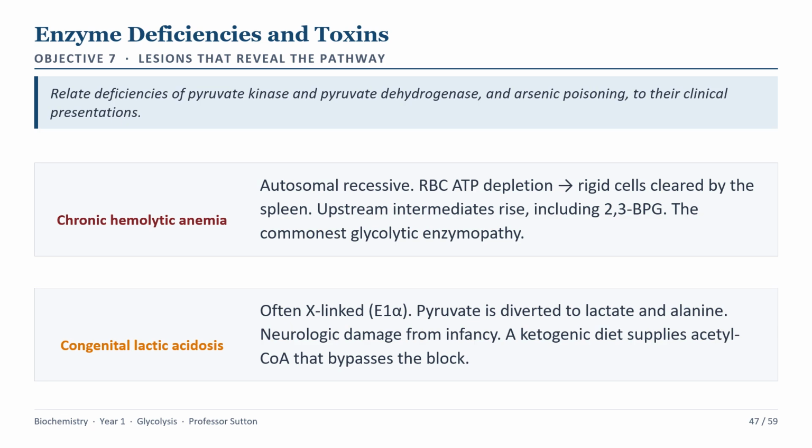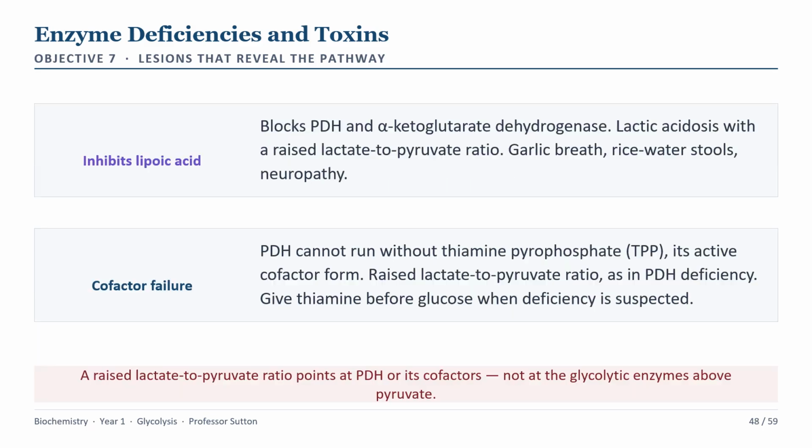The presentation is congenital lactic acidosis with neurological damage from infancy. So treatment is ketogenic diet. Give the patient ketogenic substrates that produce acetyl-CoA downstream of the block. The ketogenic amino acids you will come to, but remember them. They are lysine and leucine.